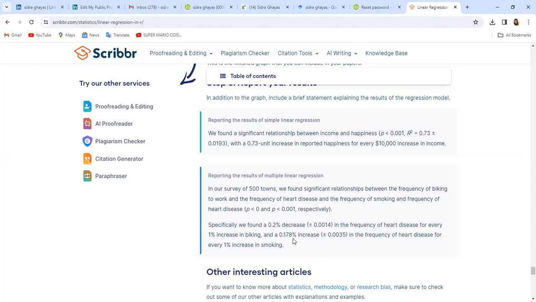Specifically, we found a 0.2% decrease, indicated by the negative sign, in the frequency of heart disease for every 1% increase in biking, and a 0.178% increase, indicated by the positive sign of the estimate, for the smoking variable which we found in the model.